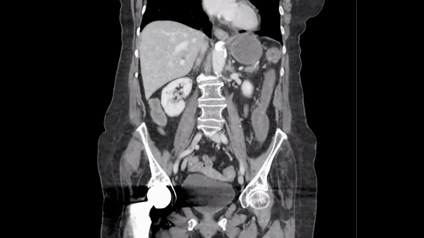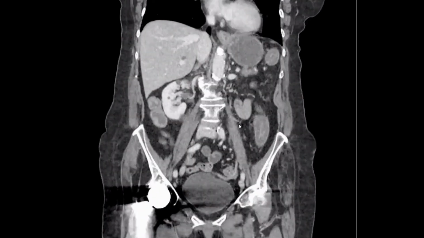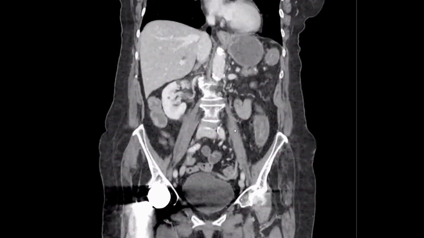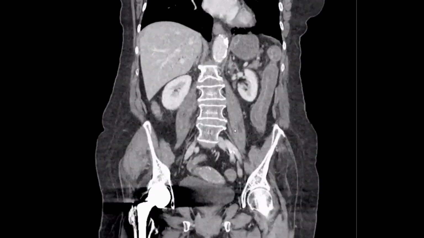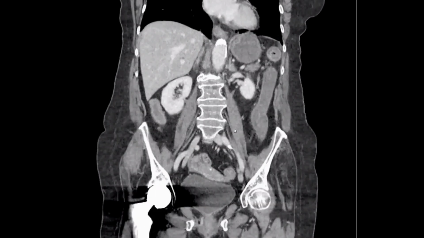You are right. The descending colon shows an edematous wall with submucosal fatty infiltration. This indicates there may be chronic inflammation. I can see subtle fat stranding surrounding the colon.